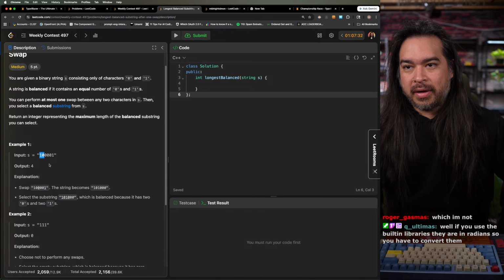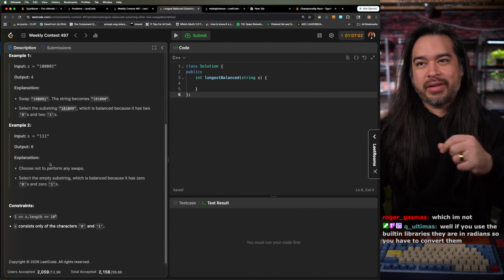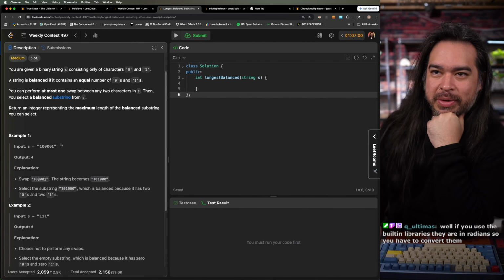And then from there, maybe the longest possible balanced would be the minimum count of 0s and 1s. Man, this problem seems a little bit tough as well.